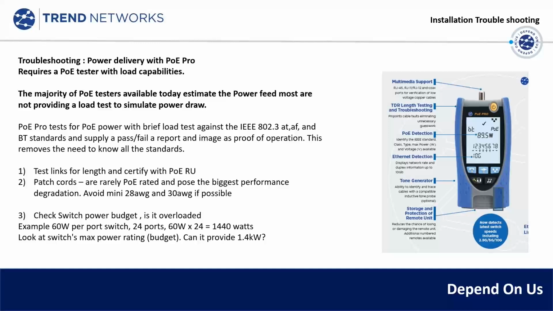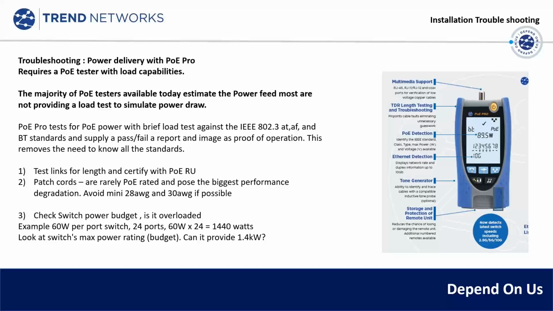A lot of people use those mini patch cords and they can cause a large problem. It's subject to length. Of course, if you are going extended distances, you will struggle, but where possible, do avoid mini 28 AWG and 30 AWG patch cords if possible. They can be a problem because they're not designed for PoE load. They can work, but they will affect reliability, okay?